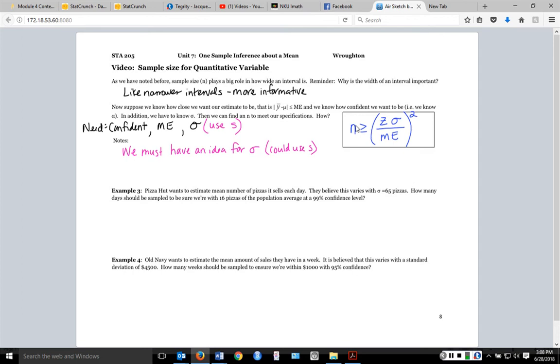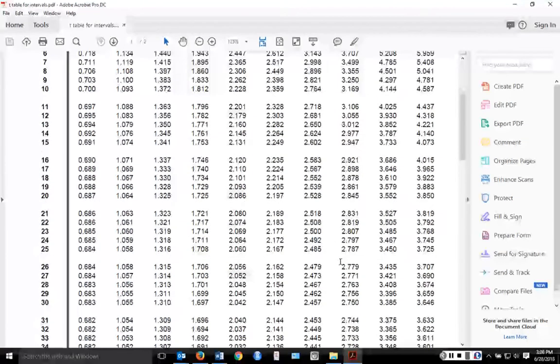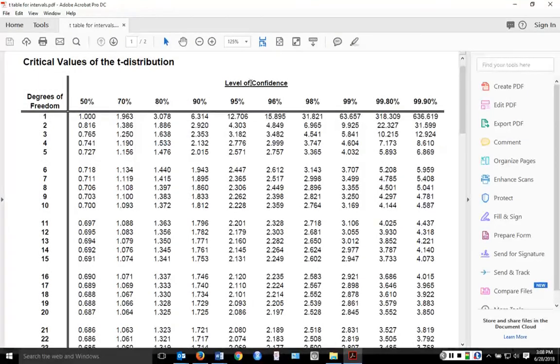Now it might also seem a little odd that I'm using z, because we've been using t a lot in this module instead. So why am I using z? Let's remember where we found t when we did a confidence interval. We needed to know how confident we wanted to be, which we have here as well. But then I also had to know something called degrees of freedom, which for our confidence interval was our sample size minus 1.